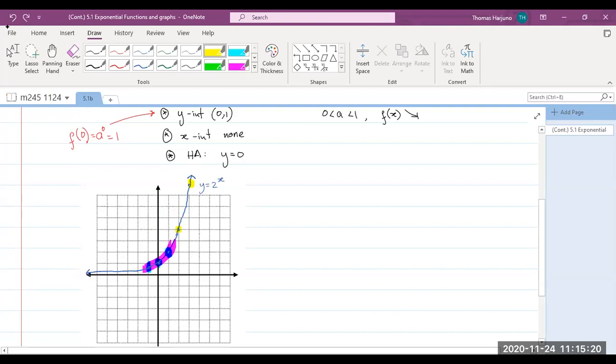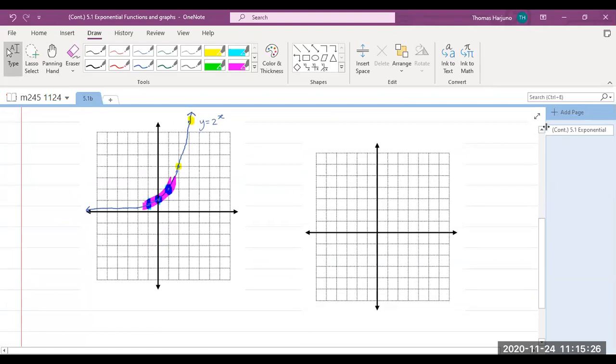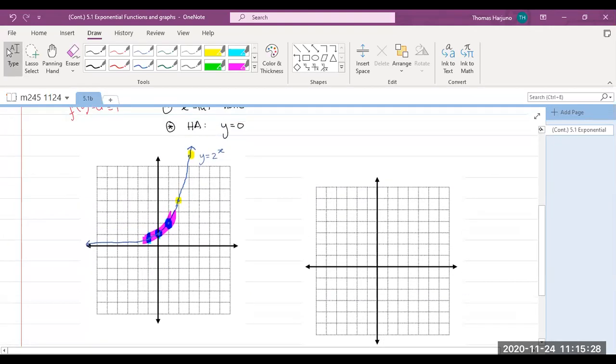Now, suppose we graph, let's say, (2/3) to the x. Then the y-intercept is (0, 1). Move 1 unit to the right is 2/3. Another one to the right is 4/9, and so on and so forth, right? So it is decreasing.